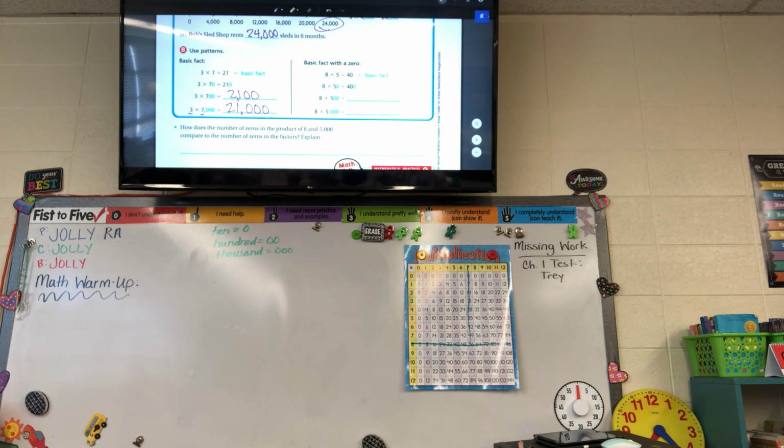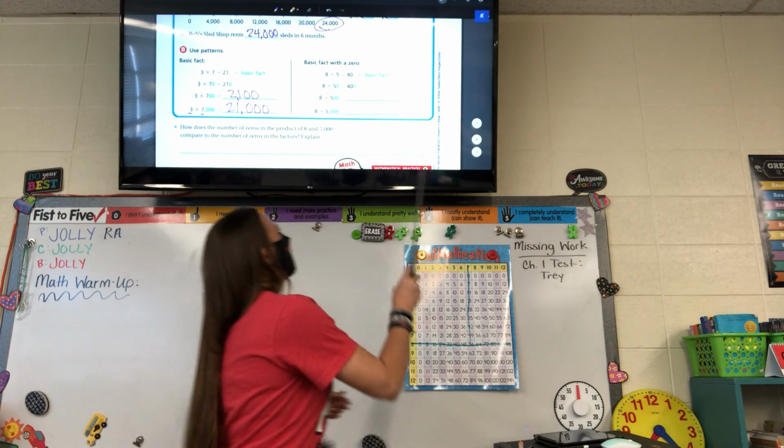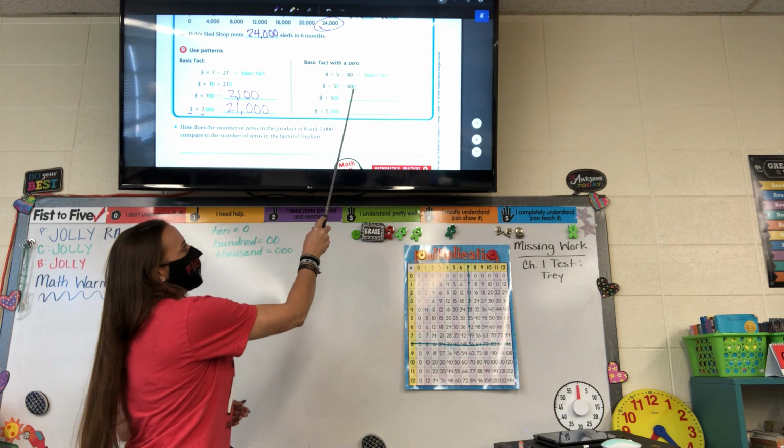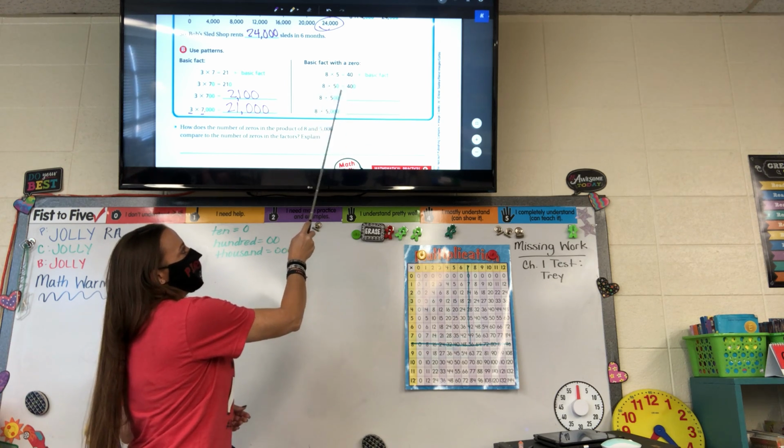What do you guys think? How come there's 1 zero, 8 times 50? Okay, but we only have 1 zero to carry. Why do I have 2 zeros right here, but only 1 on this side?